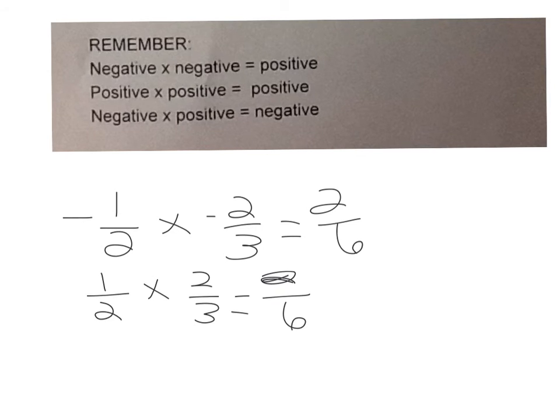And then the last rule we're going to look at is a negative times a positive is a negative. So for example, if I had negative 1/2 times positive 2/3, my answer is going to be negative because I have a negative times a positive. So this answer would be negative 2/6.